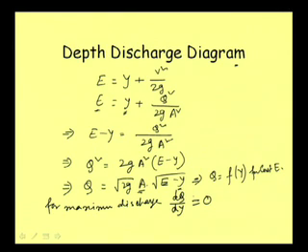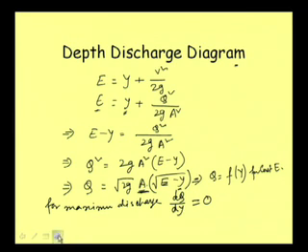Here, a and y are functions of y, so this is a product of two variables, and we can write the expression for dq dy.